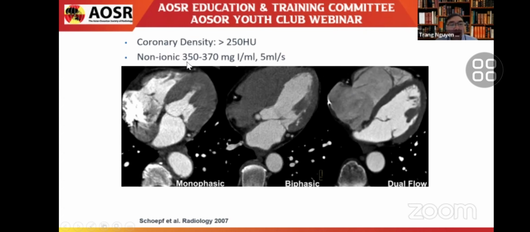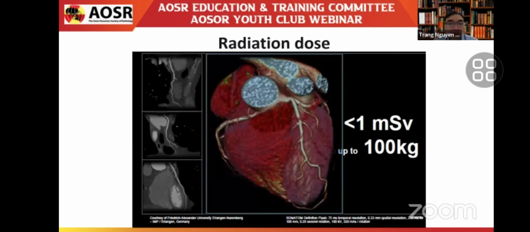With the injector phase, if we inject too much, like monophasic here, we can have artifacts from the high density of the contrast material. If we use dual phase, biphasic, we use saline to push, so we do not have the artifact from the right heart. But sometimes we also need to see the left heart and the right heart together, so we can use a dual flow.